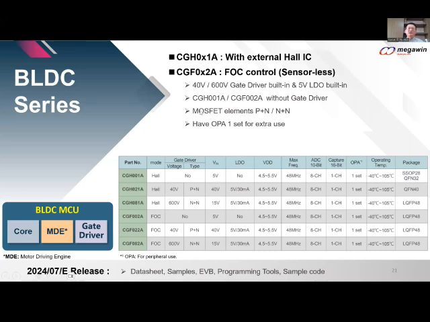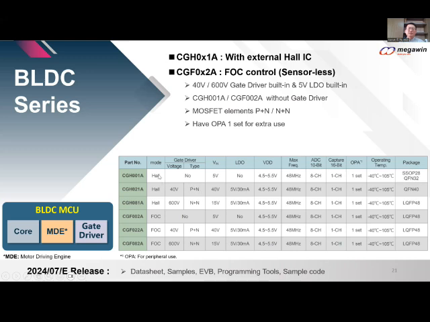If you want to use the solution without the gate driver, because some customers want to use their own certified gate driver, then you can use these two part numbers, and the MOSFET elements can support the P channel, PN channel, and the NN channel, and have one set for extra use.